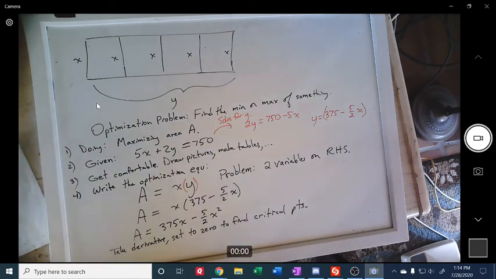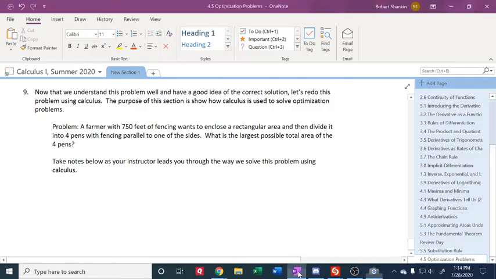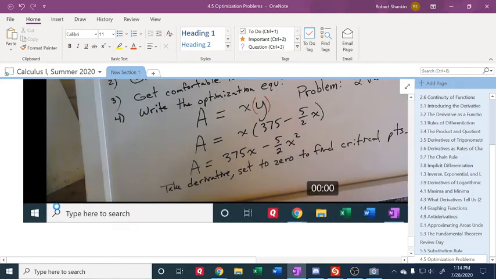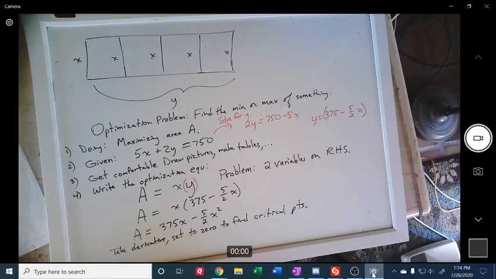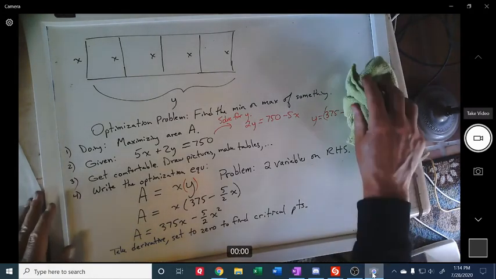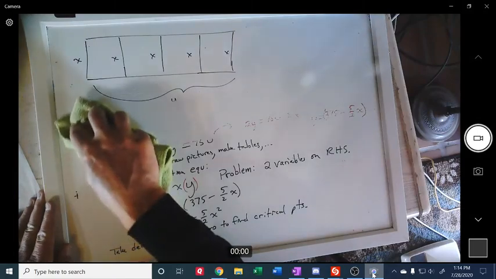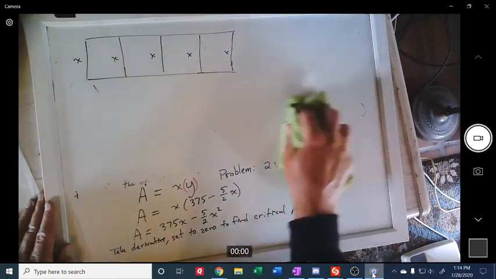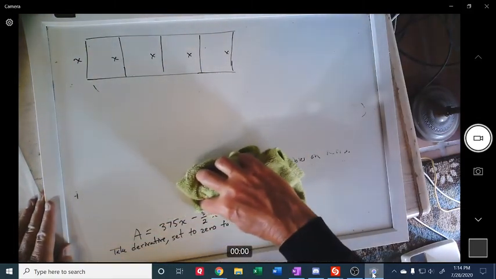Alright, so let me take a picture here. I'm going to leave the original picture, leave this equation.